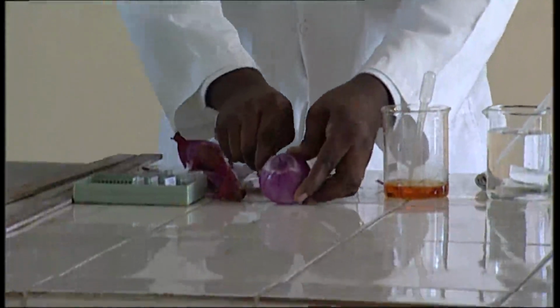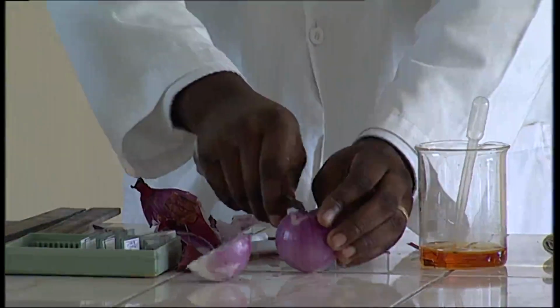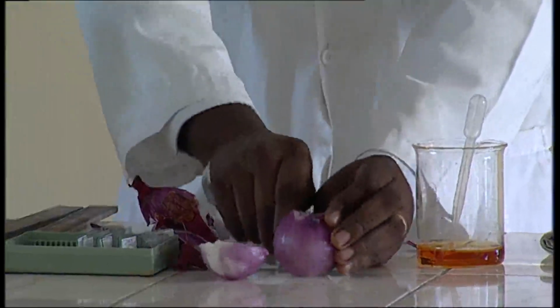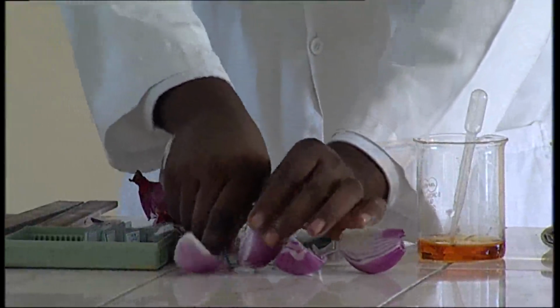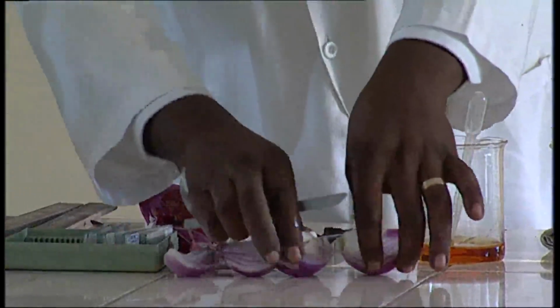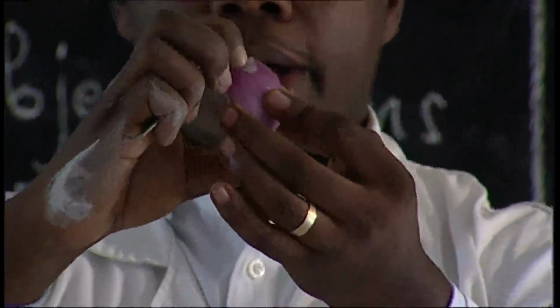Then I can cut the onion into 4 pieces. Then from there, I can remove one part.